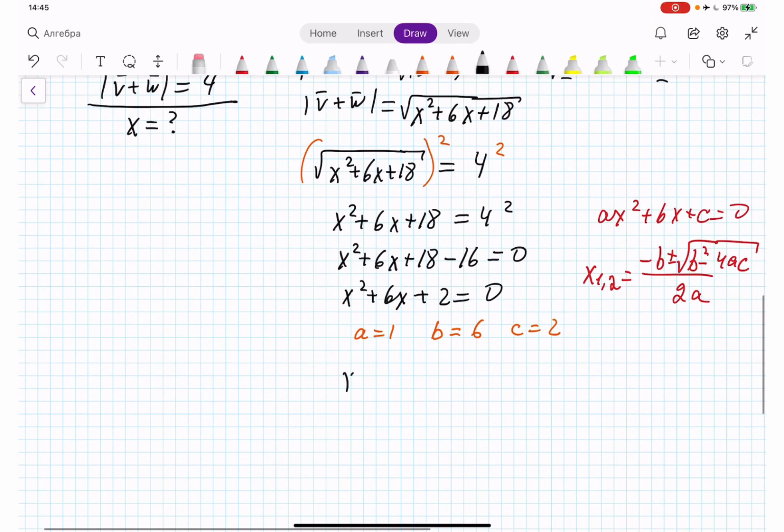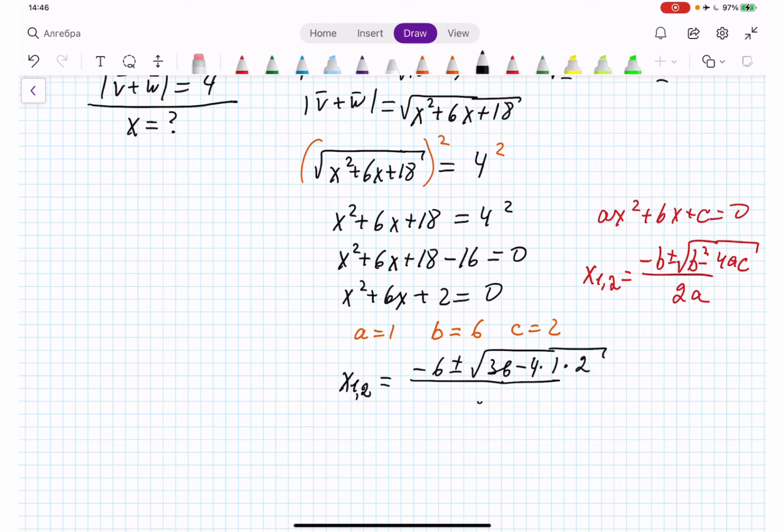So from here, x1,2 is equal negative 6 plus minus the square root of 6 squared, 36, minus 4 times a times c, divided by 2a, which means negative 6 plus minus square root of 36 minus 8, which is 28, over 2.